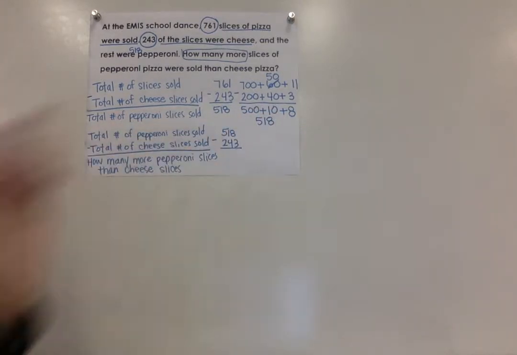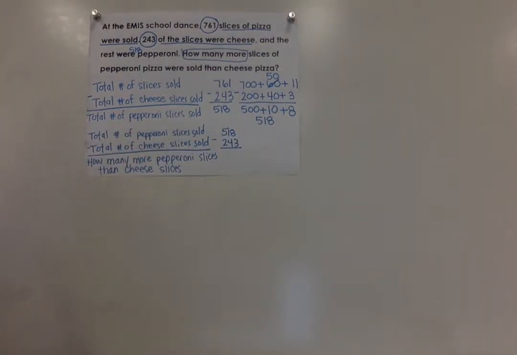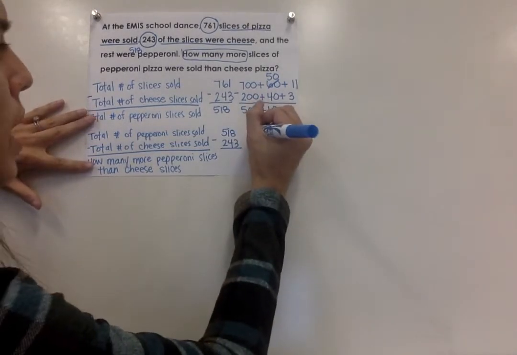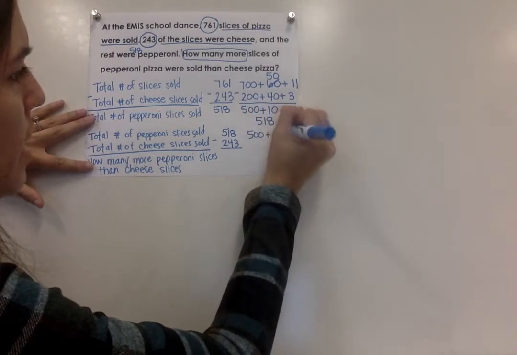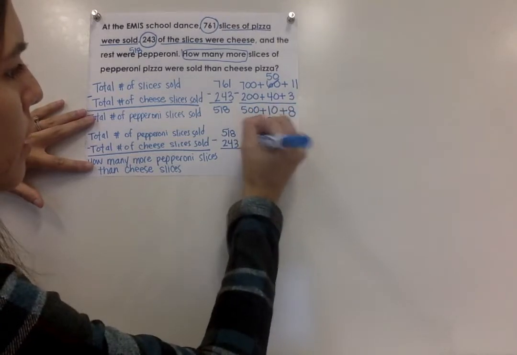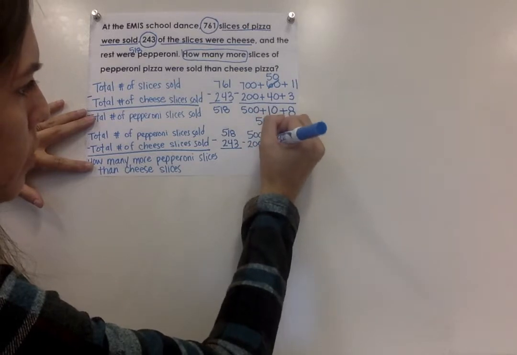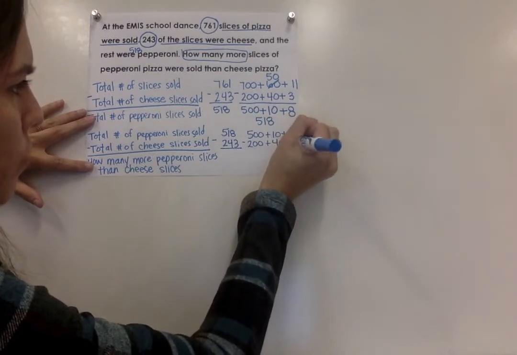And we will get our answer. Here we are again with a subtraction problem. I'm going to use my expanded form strategy. You can use whichever strategy makes the most sense to you. So I have 500 plus 10 plus 8 minus 200 plus 40 plus 3.